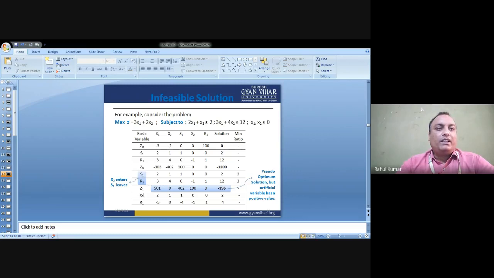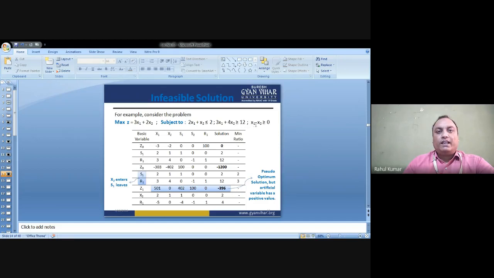For example, consider the problem: maximize z equal to 3x1 plus 2x2, subject to the constraints 2x1 plus x2 less than or equal to 2, and 3x1 plus 4x2 greater than or equal to 12. Here the sign of this constraint is changed, so it will affect the slack variables.